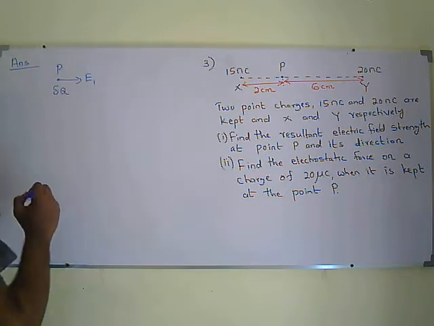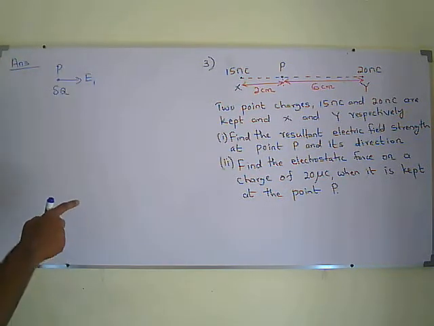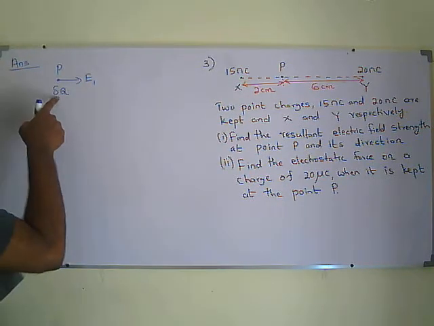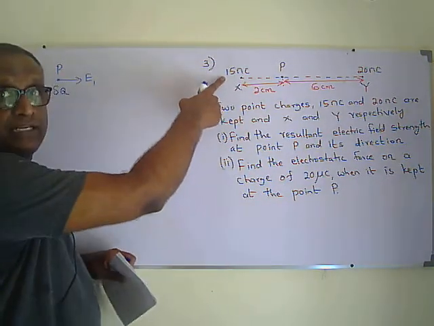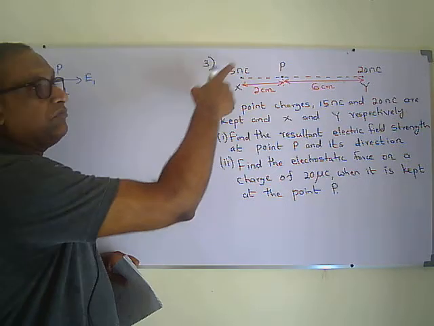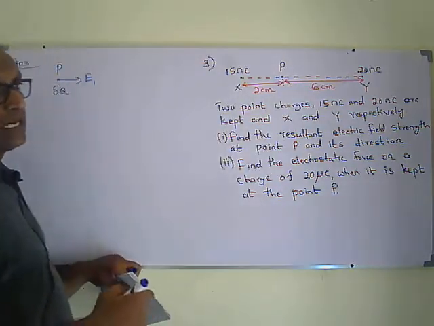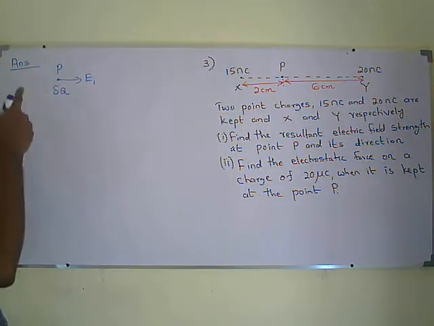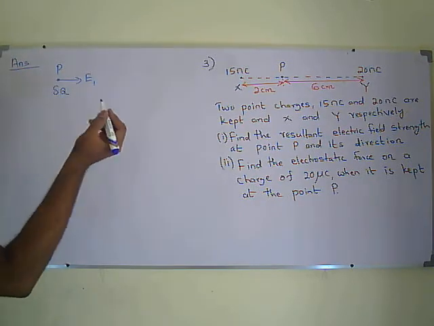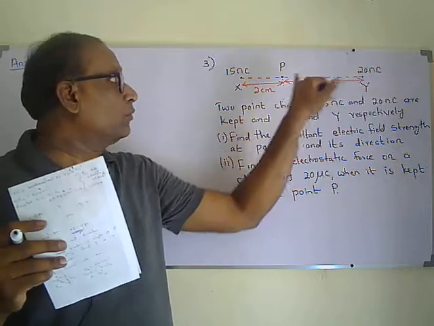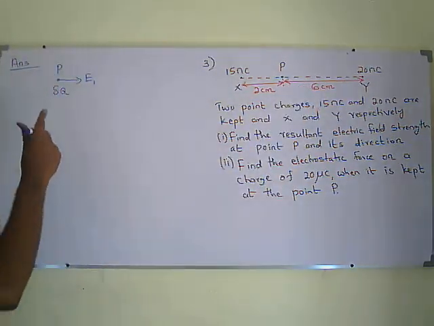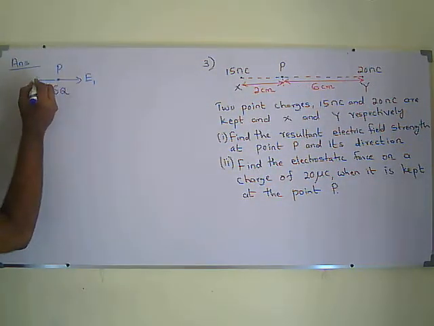I found the direction. E1 is towards right because the positive test charge will be repelled by this positive 15 nanocoulomb charge. Same way, this 20 nanocoulomb charge also will repel the same test charge. So if I say the electric field strength due to 20 nanocoulomb at point P is E2, the direction of E2 will be this way.